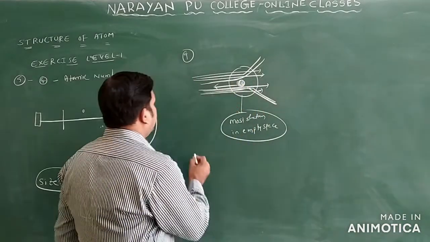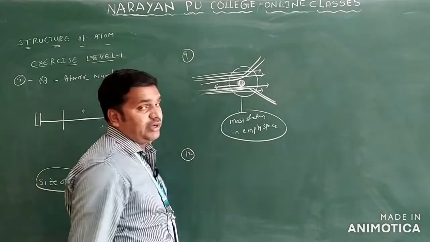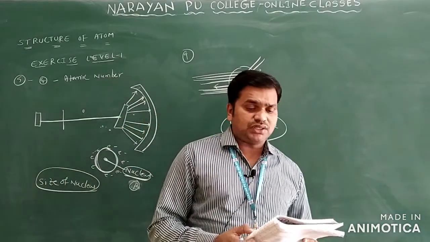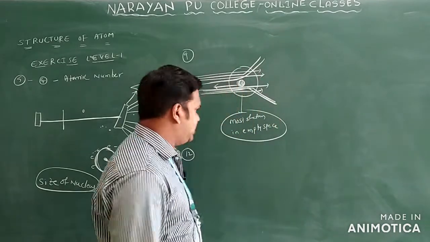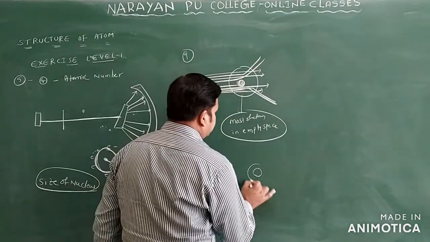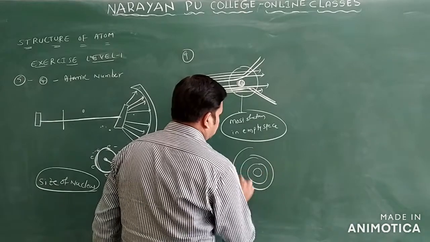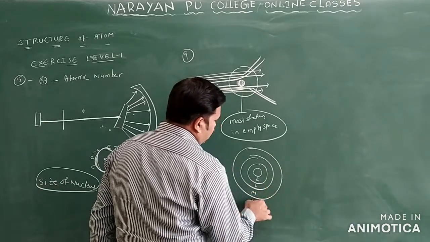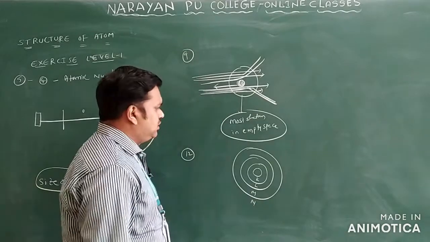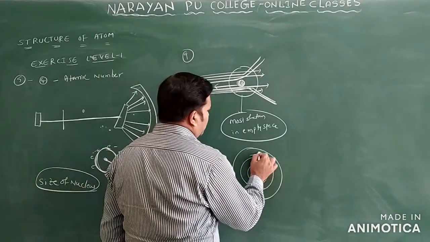Now we can come to question number 12. When an electron jumps from the L shell to the K shell only. So you can see these are shells only. This is K, L, M and N, or you can represent them as 1, 2, 3, 4.